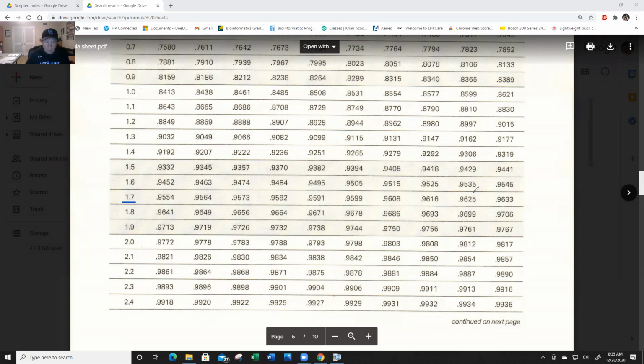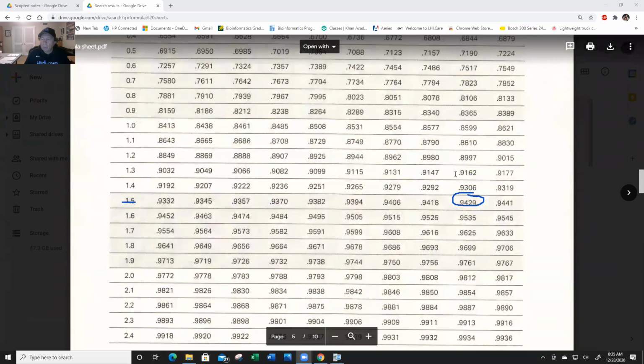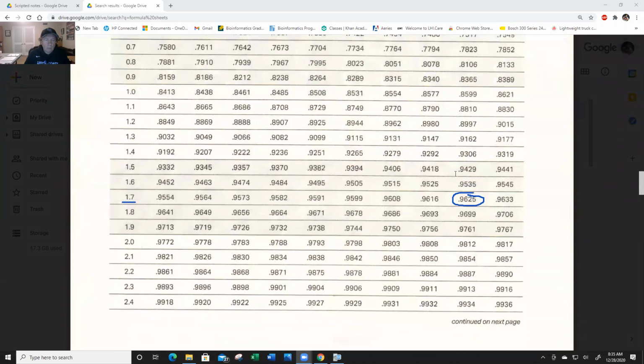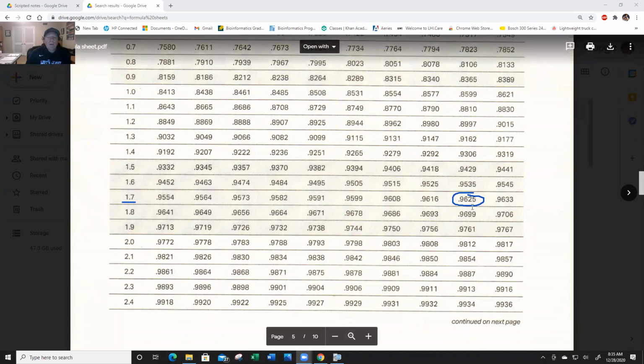Right, I think that's right. 1.78. Yep. 0.9625, 1.78 there. I think I got that right. Let me slide this up a little to see. Yep, 1.78, I got it. All right, and I want the area above that.